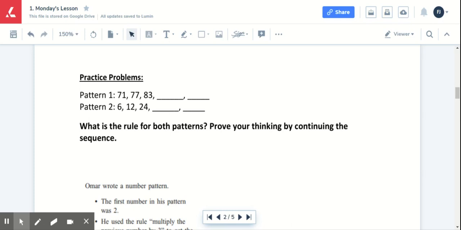Is that true for us to get from 77 to 83? Yes, that is also true. We're going to add 6 again to go from 77 to 83. Now we must figure out what the next numbers in our pattern are going to be.